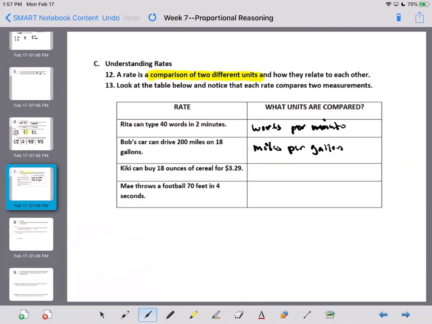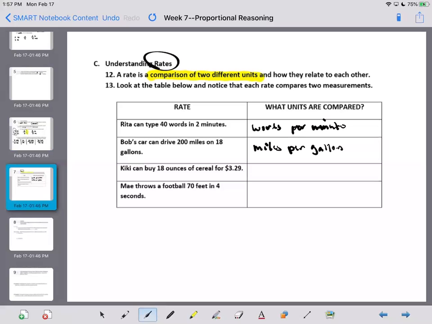So we may have the numbers 200 and 18, but we're dealing with miles and gallons, 2 different types of measurements. Two quantities with two different types of measurements brings in the idea of a rate.